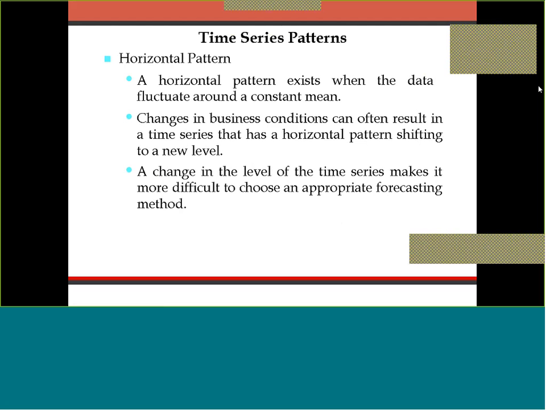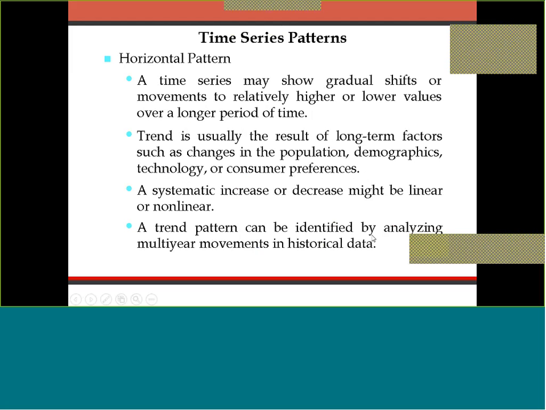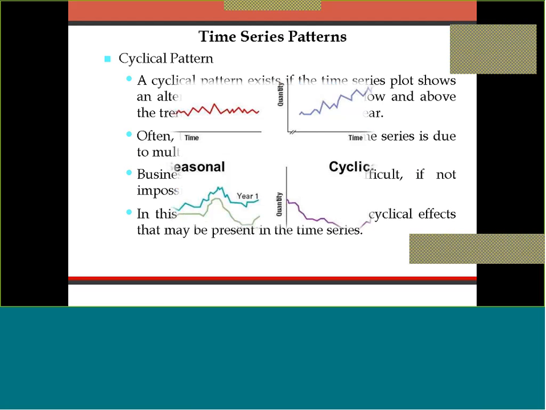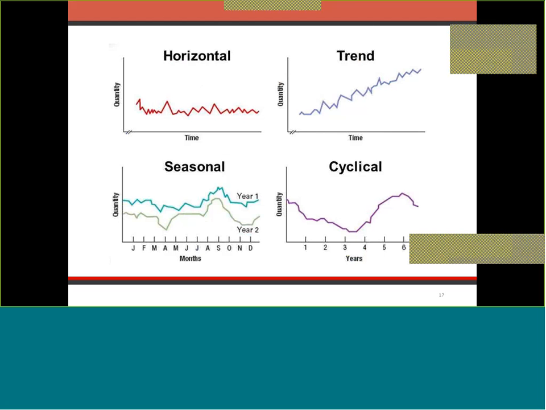I'll show you the graph. If you see the first one, it is a horizontal type of time series pattern. It is fluctuating around a mean of the y variable, if you observe properly.